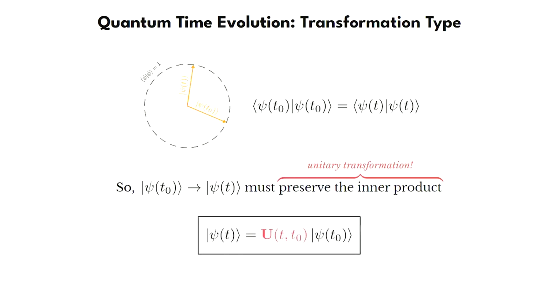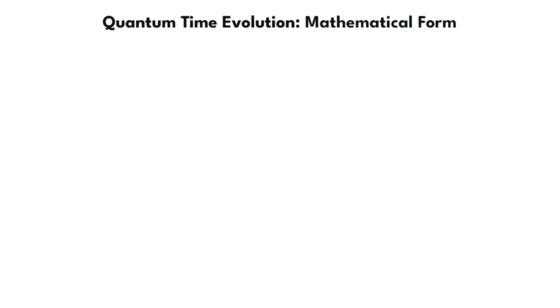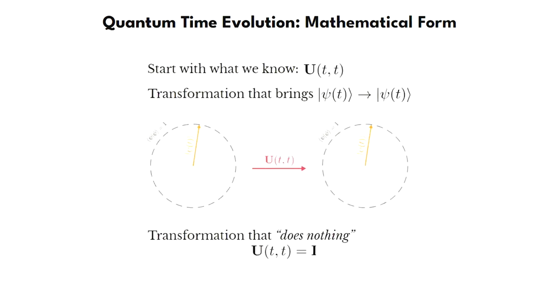So a unitary transformation of a quantum state is nothing but applying a unitary matrix on the initial state vector and resulting in another vector. And this unitary matrix guarantees that the inner product doesn't change. Now let's look at the simplest form of this unitary matrix.